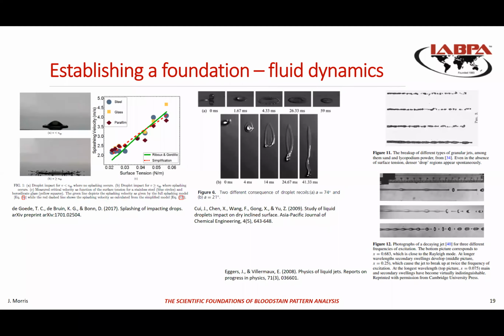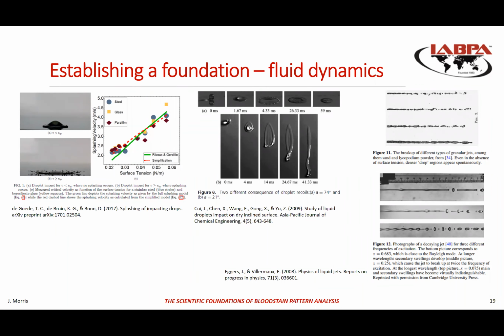And here are just a few examples of some of the papers where the researchers were studying properties of fluids, not specifically looking at how those fluids deal with BPA, but we can apply those concepts directly. On the left-hand side, the study deals with the spreading of a fluid as it strikes a surface and it generates droplets.